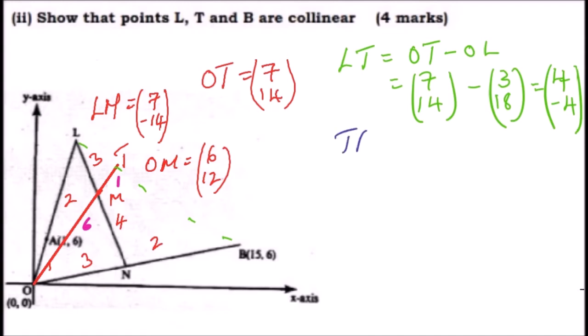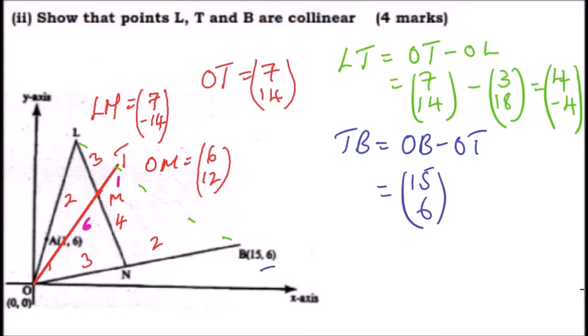Again, we can say TB is equal to, TB is the same as minus OT plus OB, so it is OB minus OT, which is (15, 6), that is our OB.